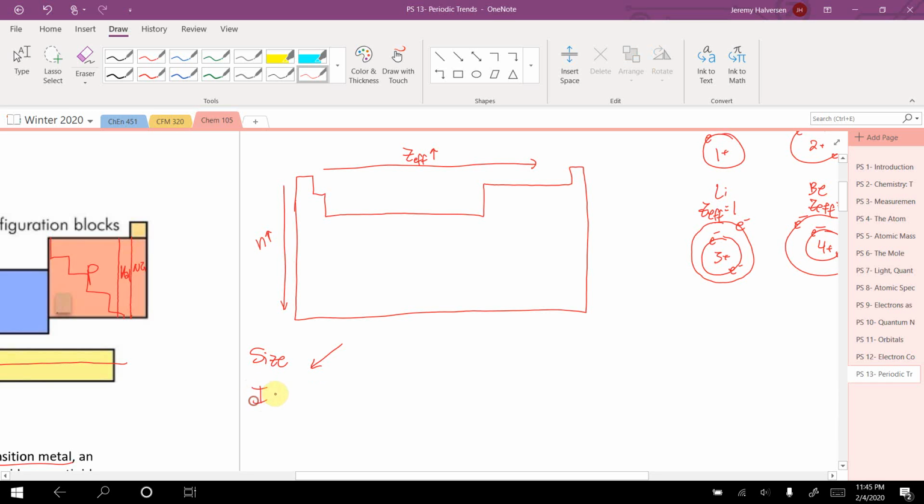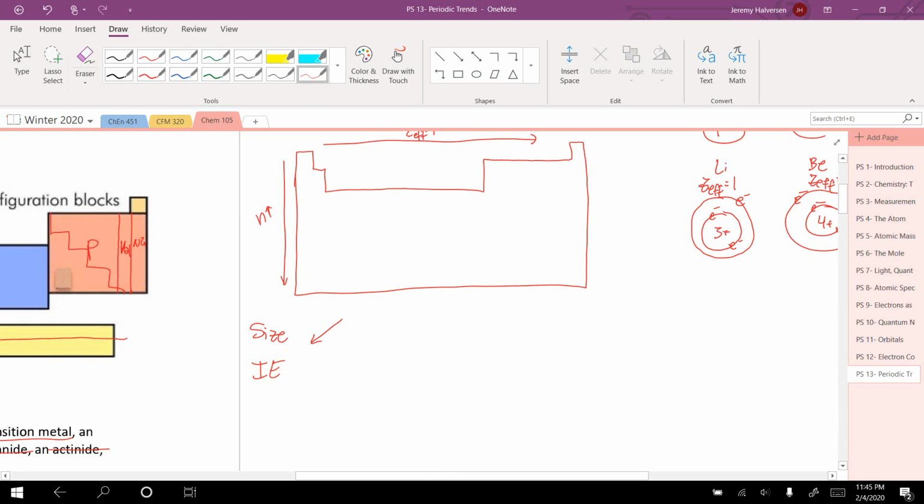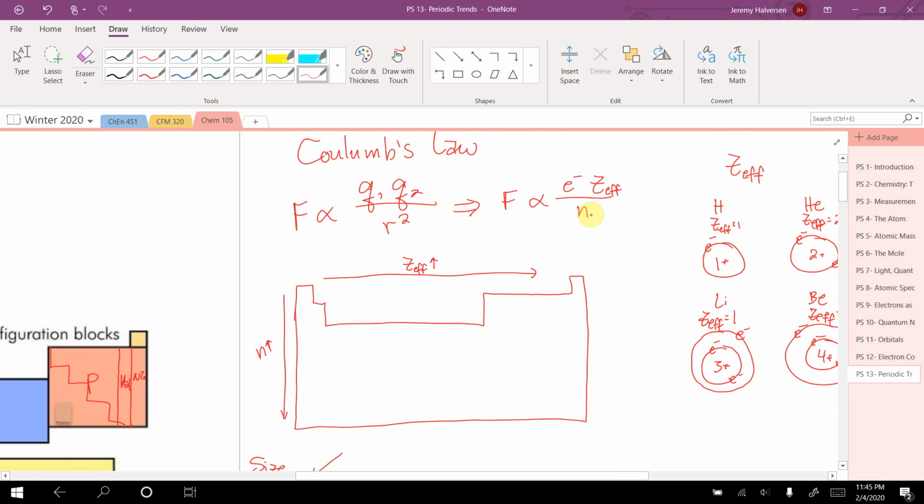All right, next is ionization energy. Ionization energy is the energy required to remove an electron from an atom. So let's talk about that. As I go down the periodic table, my n level increases, so my force of attraction decreases, which means the attraction between the outside electrons and the nucleus goes down.